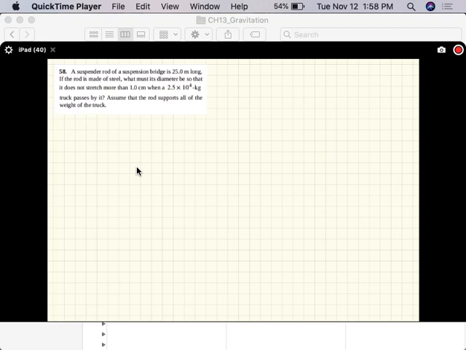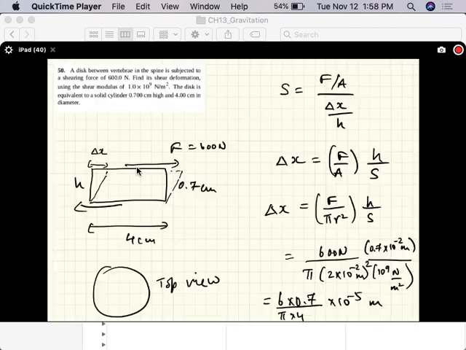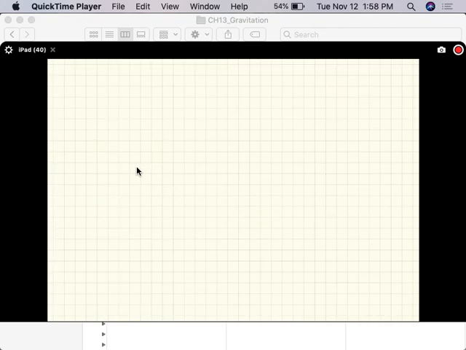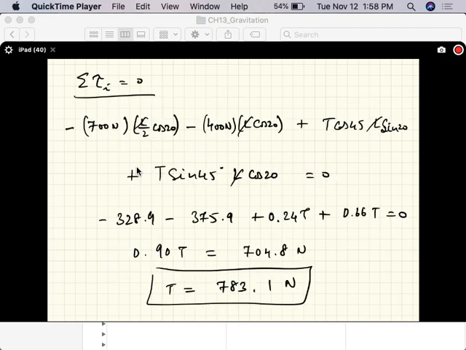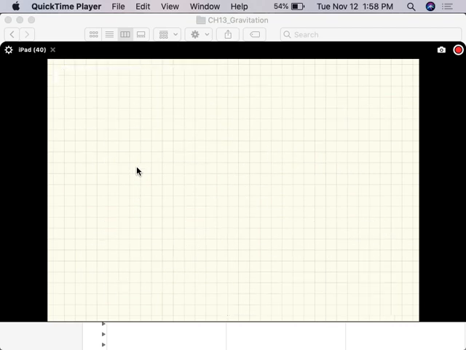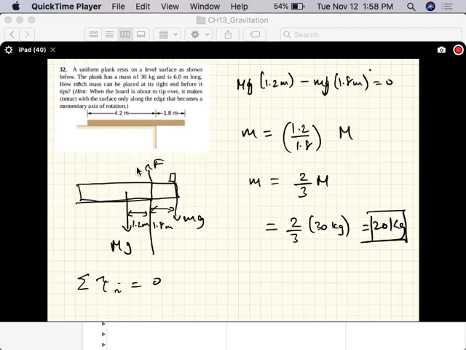In the first problem we discovered that it was supporting 700 newtons of weight, but only had like 750 newtons of tension, the one with the building, with the angle of the boom.